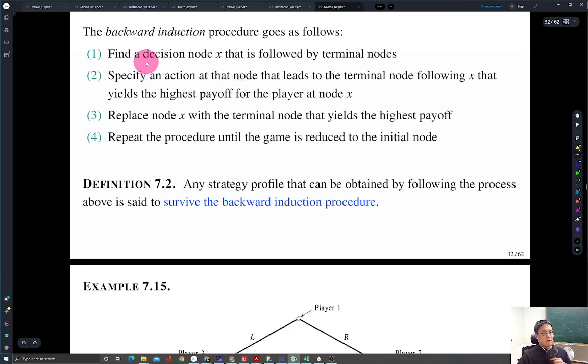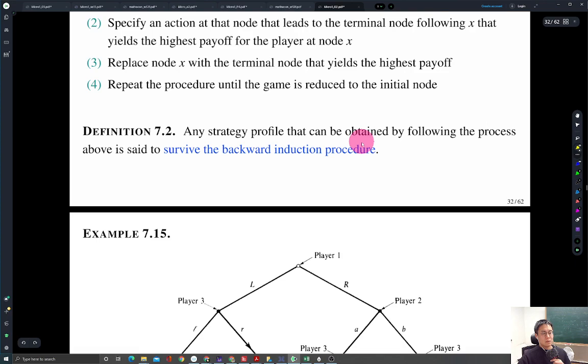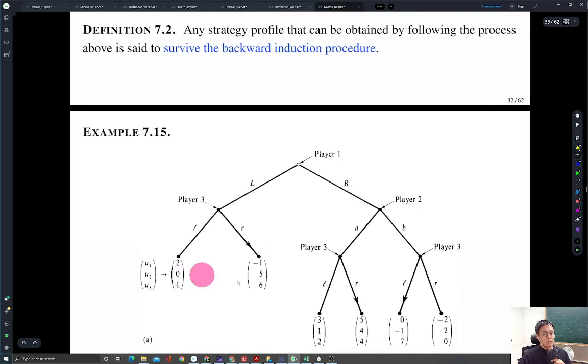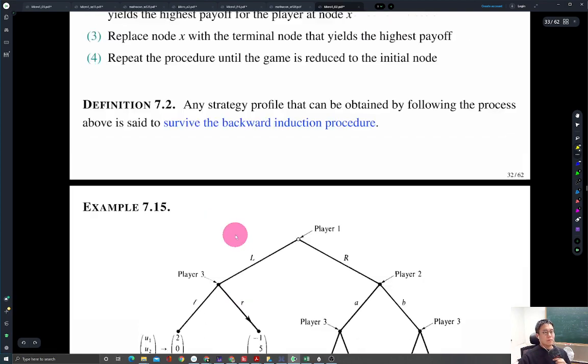We first identify a decision node that is followed by terminal nodes. Okay, so for these 2 terminal nodes, its predecessor, the decision node followed by these 2, is this node, at which player 3 makes a decision between L and R. Okay?